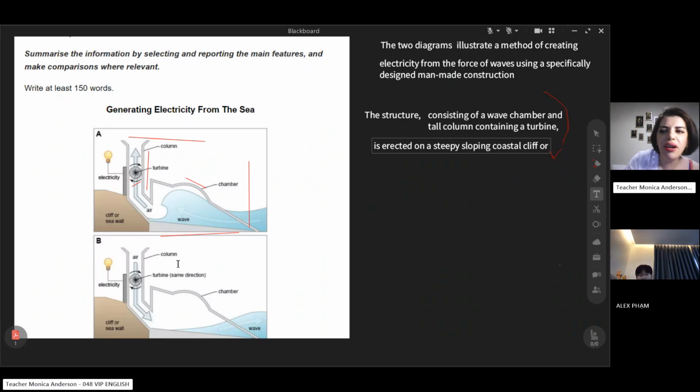Cliff, or it's something like a seawall like this, where it is subject to the movement of the ocean waves. I'm trying to write what I see.